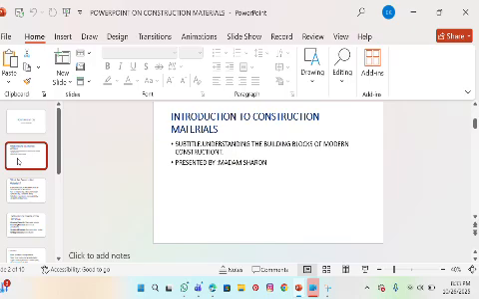Let's go to the introduction to construction materials, under the subtopic: understanding the building blocks of modern construction.